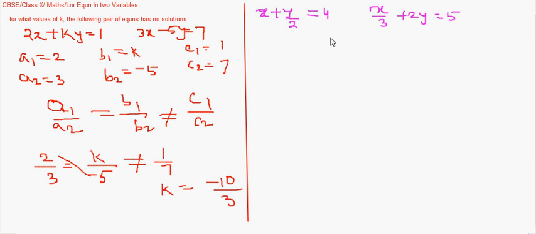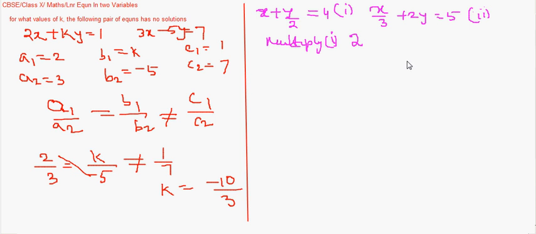To do so, I multiply the first equation. I consider this as equation 1 and this to be equation 2. What do I multiply equation 1 by? I can multiply equation 1 by either 2 or 3.